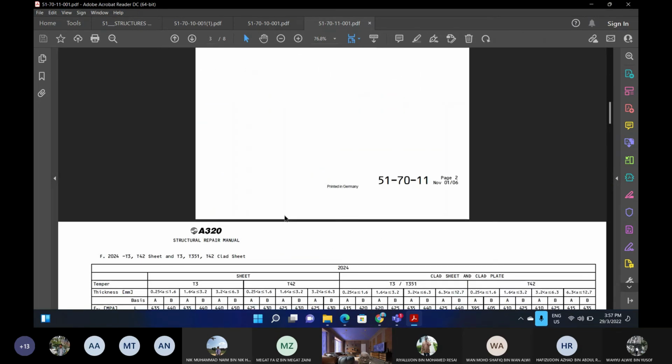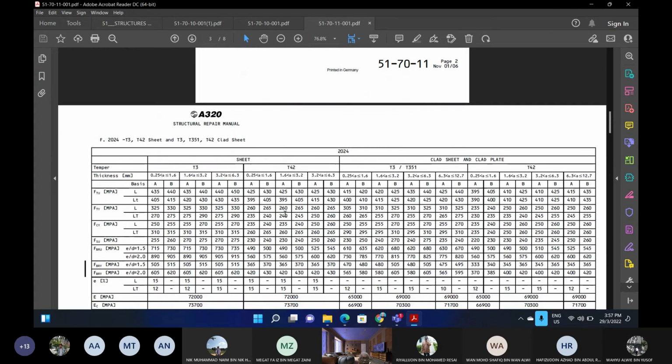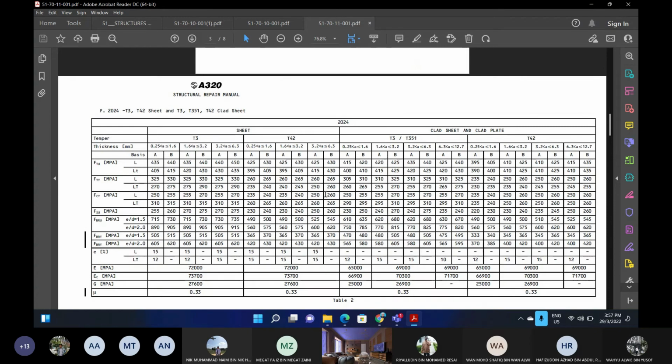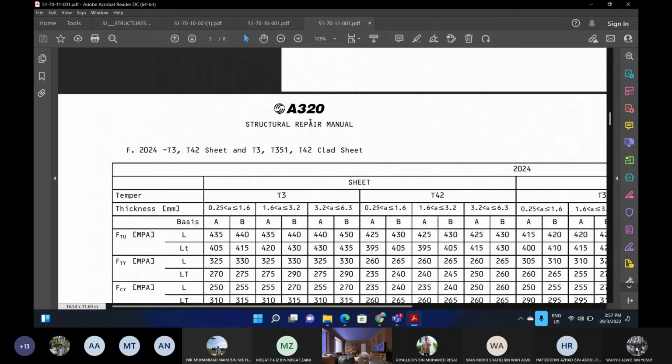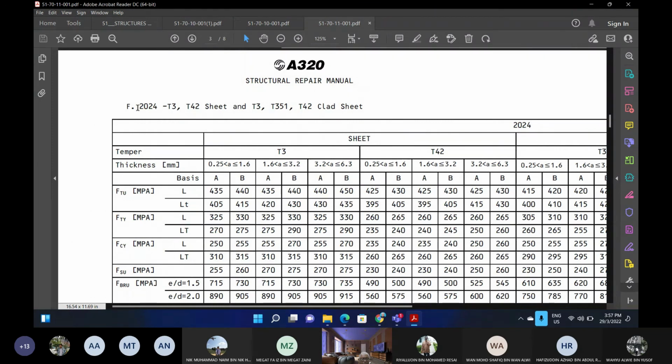So what you need to understand here is that this manual gives you a table. This table is where you select your material strength. You can see there are many tables. I'm showing you 2024-T3. So look at temper T3. If you want to work on 2024-T3 sheet metal, and your thickness is say 1 mm, so it should be between 0.25 and 1.6.